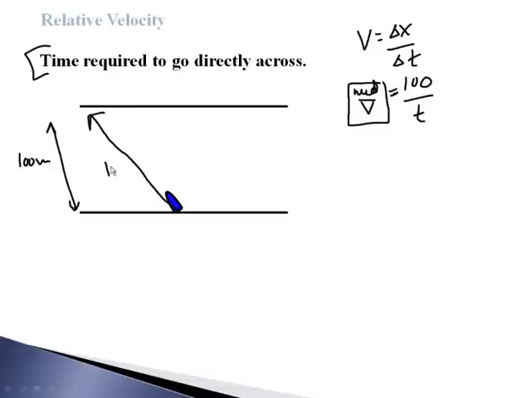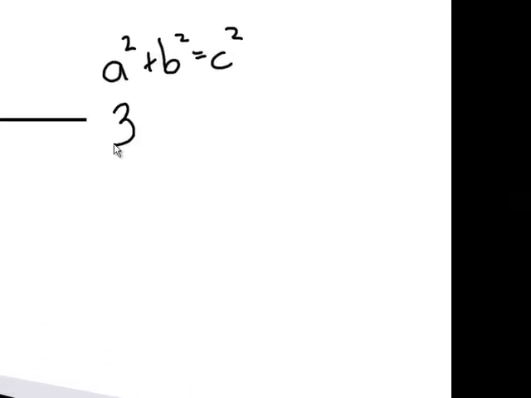I have a velocity of 12 this way. Water is going this way at 3. How would I solve for my velocity across? Hopefully you're saying a squared plus b squared equals c squared. This is where it gets tricky. 3 squared plus v squared equals 12 squared.